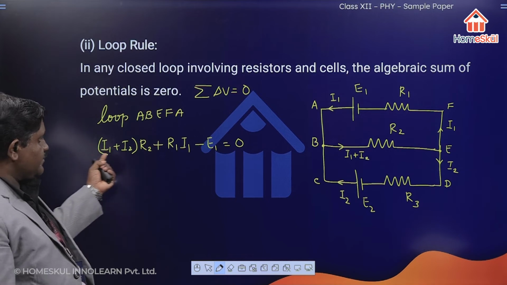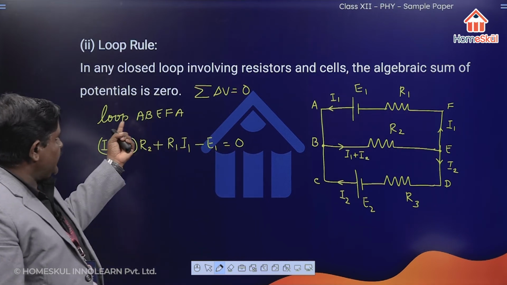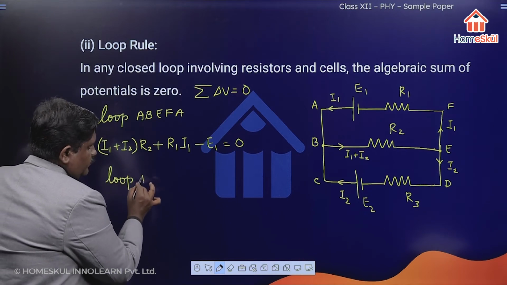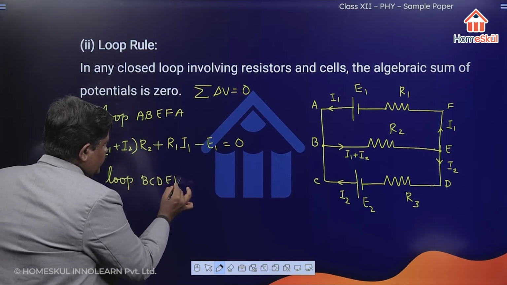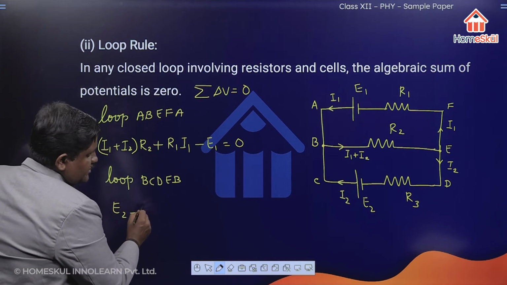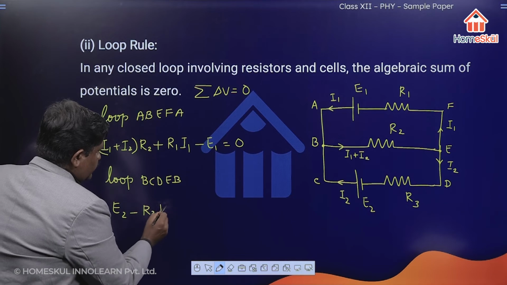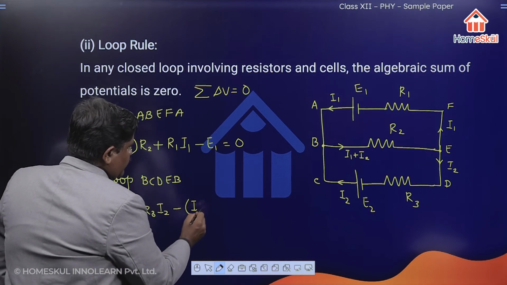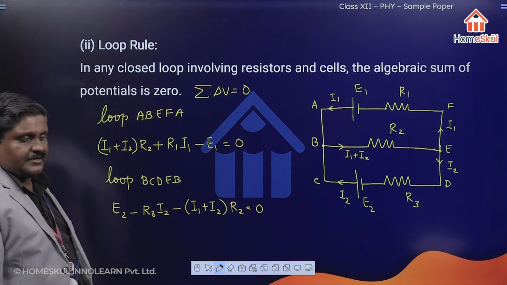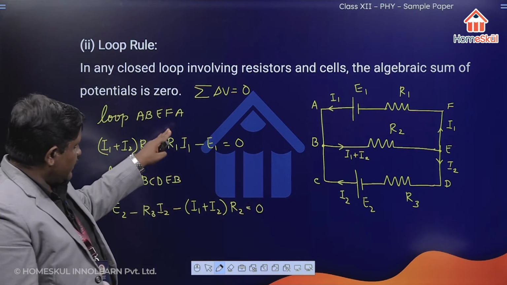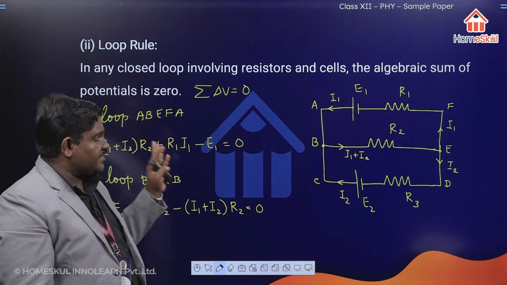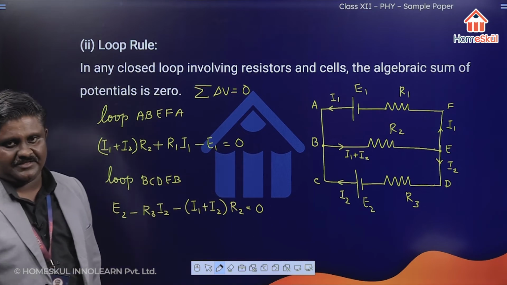Okay, this is our first linear equation, from the loop A, B, E, F, A. Then from the loop B, C, D, E, B, we have to write it as E2 minus R3 into I2 minus I1 plus I2 into R2 equal to 0. So this is the second linear equation. Then while solving these two linear equations, we will get the values of the currents, that is I1, I2 and I3.